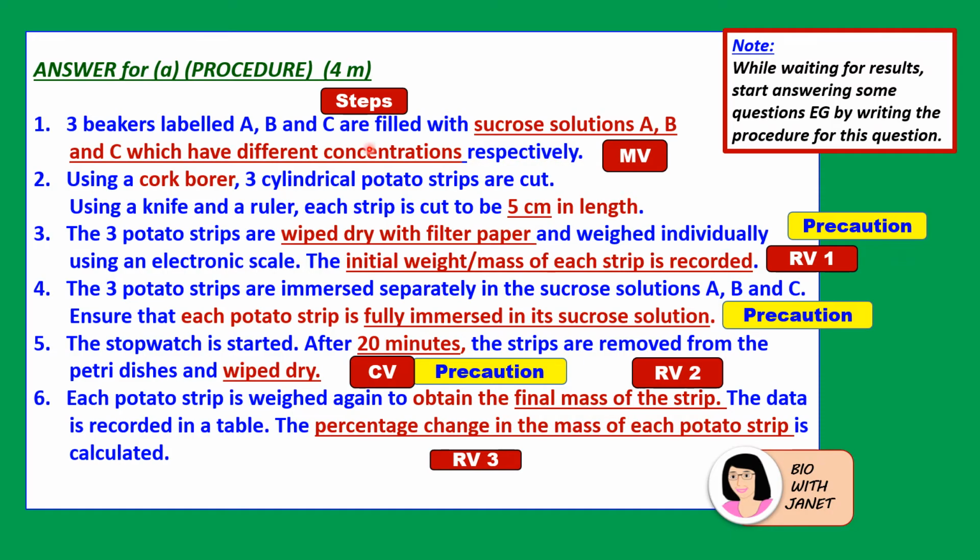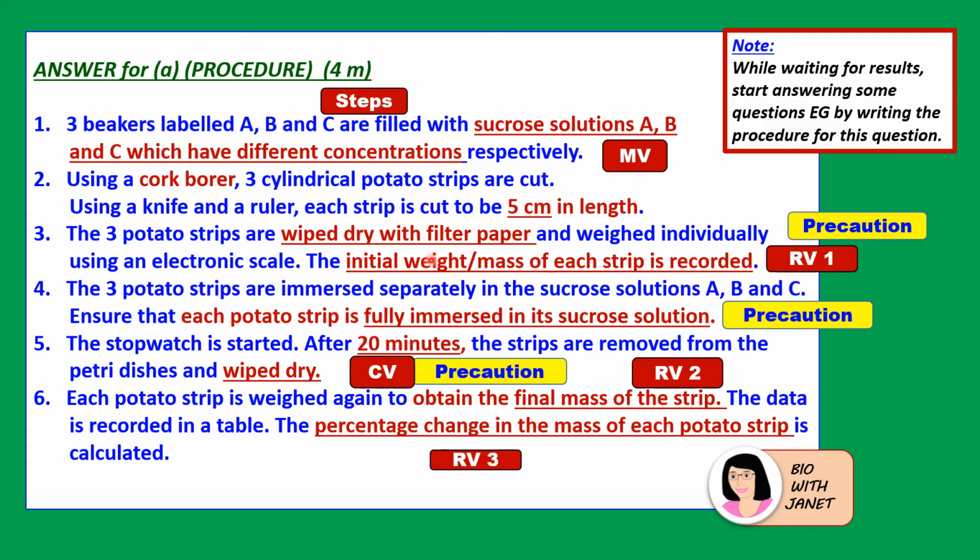But anyway, this is written down to show that the MV is handled by having sucrose solutions of different concentrations. Next, using a cork borer, 3 cylindrical potato strips are cut. After that, using a knife and ruler, each strip is cut to be 5 cm in length, as we have seen in the previous slide.